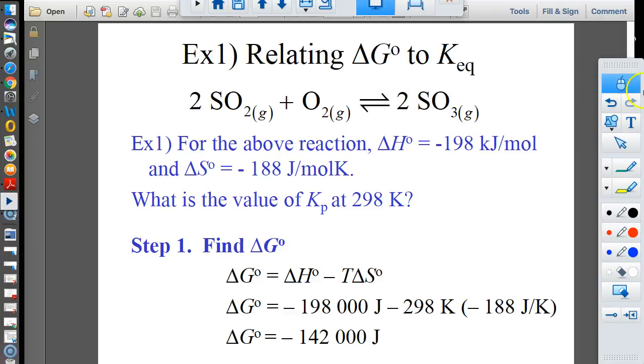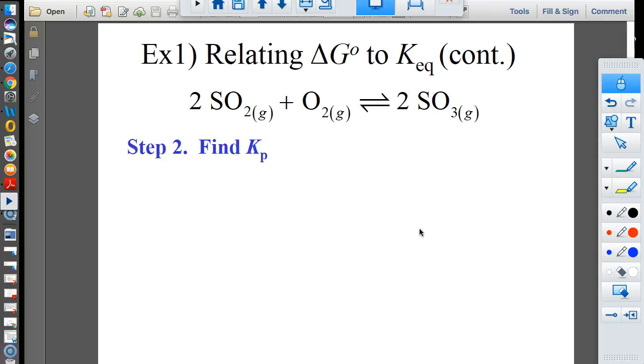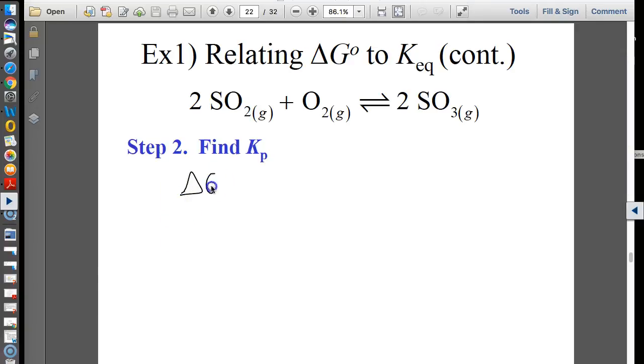But anyway, if we want to solve for K, that's what we're trying to get, we're going to take this equation and rearrange it to solve for K. So we have Gibbs free energy is equal to negative R times T times the natural log of K. Now I'm solving for Kp, okay? So I'm going to divide both sides by RT.